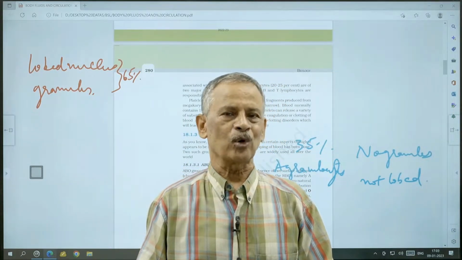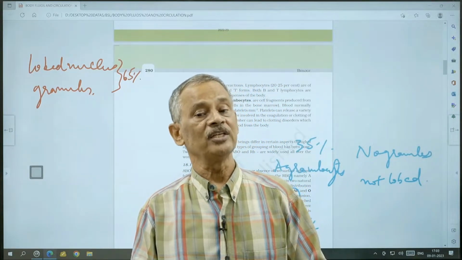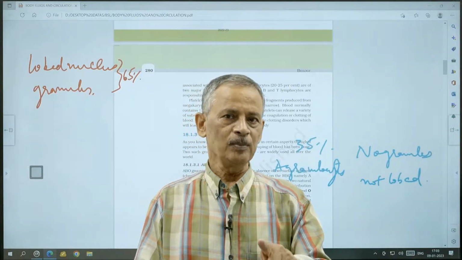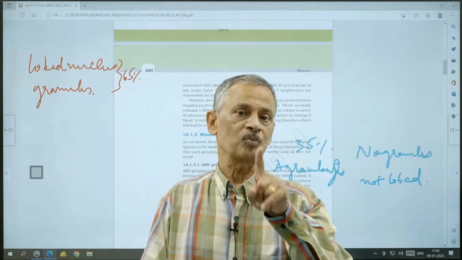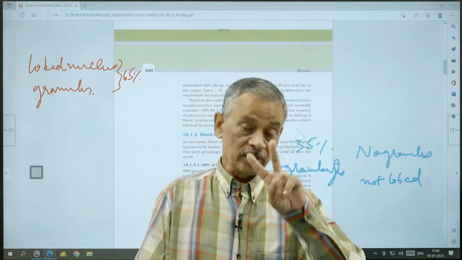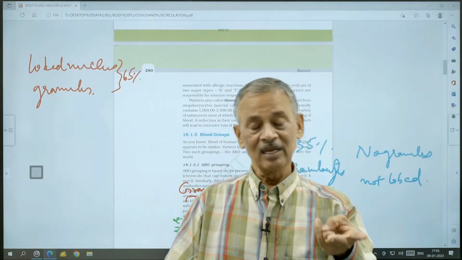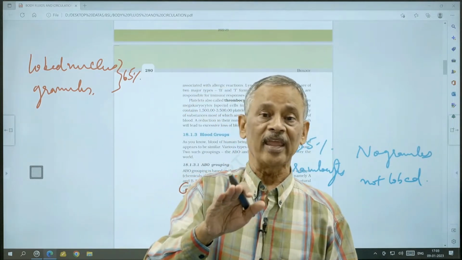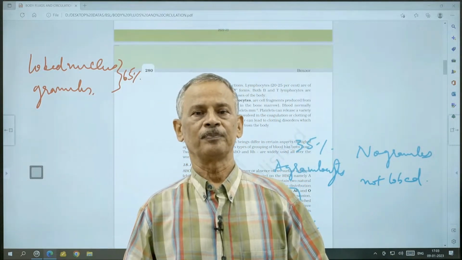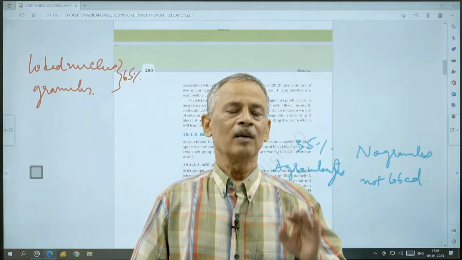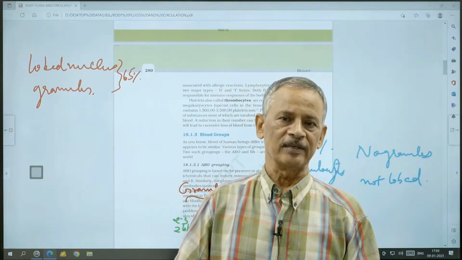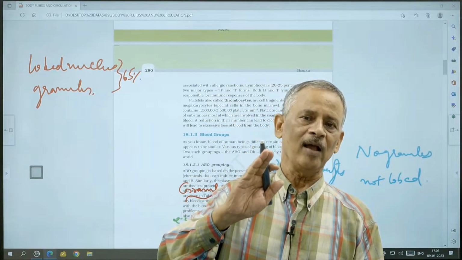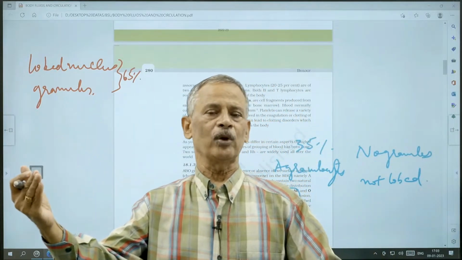That counter molecule is called antibody. Antibody is in plasma. So if you are having two types of antigen, correspondingly, you should have two types of antibodies, anti-A and anti-B. And a man possessing one type of antigen will always have the opposite type of antibody.